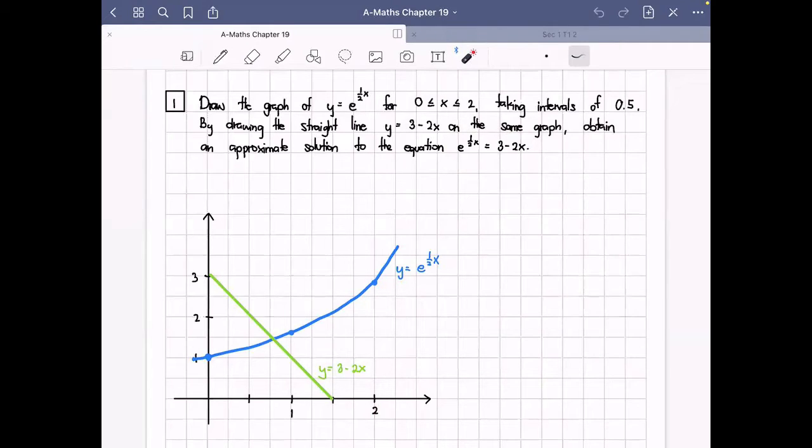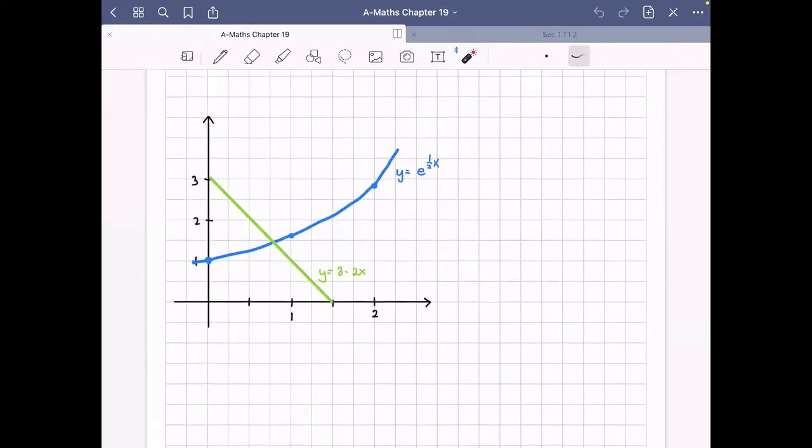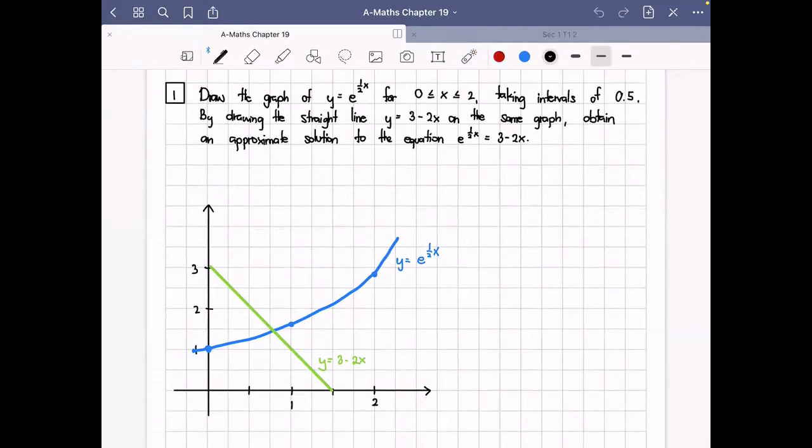First, how do we graph this curve? For your curve, you're given y equals e raised to 1/2 x. If x is 0, what is y? You just substitute 0 for x. So if x is 0, y is equal to 1.